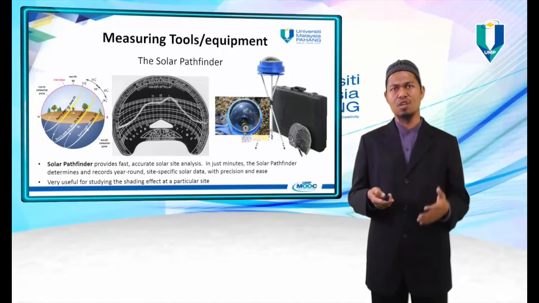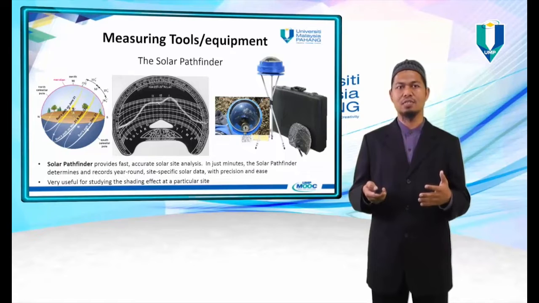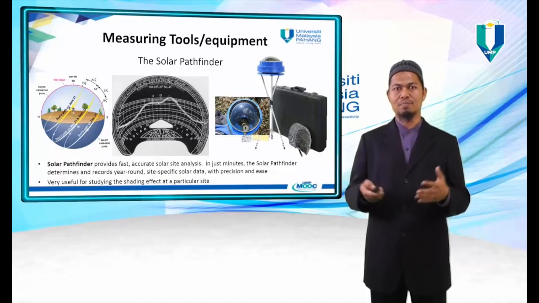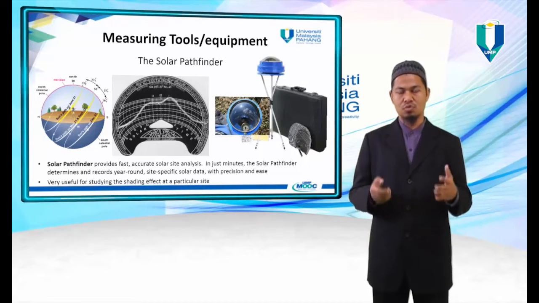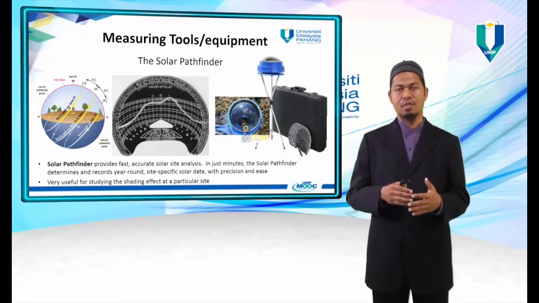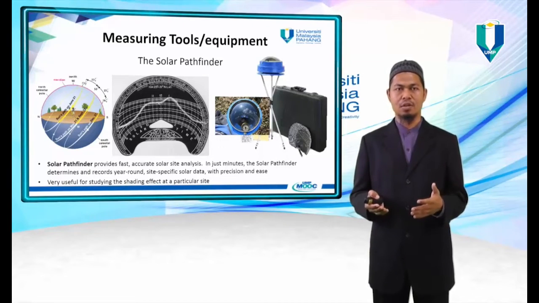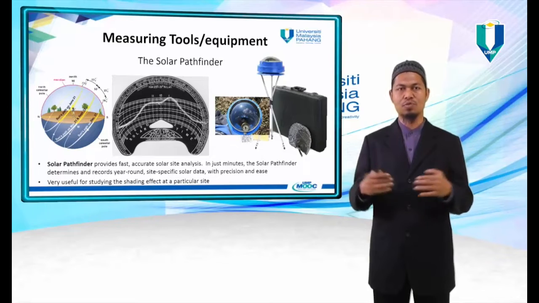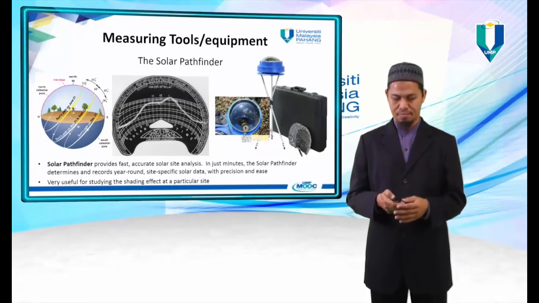It is very useful for studying the shading effect at a particular site. With this tool, we can study whether there is any shading effect around the location if we plan to put a PV system at that site.